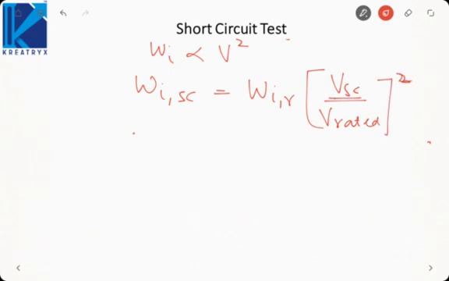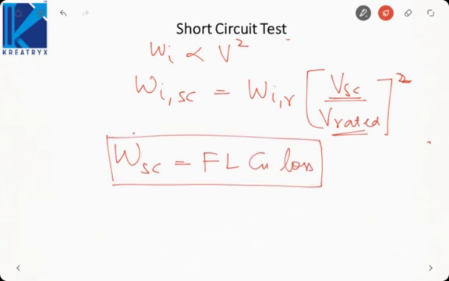Since VSC is very much less than V rated, we will neglect the iron loss under short circuit condition. And stray load losses are almost 0.5% of the full load copper loss, so that will also be neglected. That is why we will consider that the wattmeter reading under short circuit condition gives me the full load copper loss. I am neglecting the stray load loss and the iron loss under the short circuit condition.